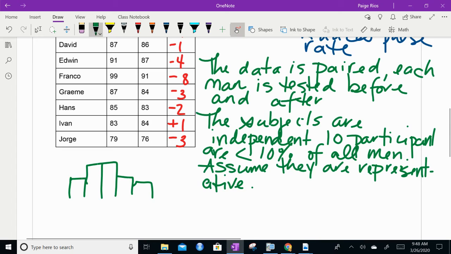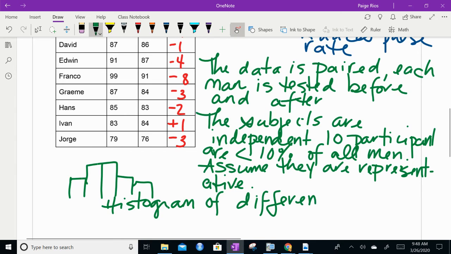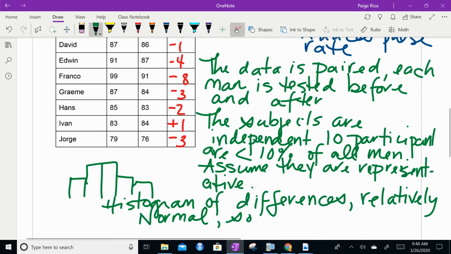So I'm going to say histogram of differences is relatively or approximately normal. Don't say it's normal, say it's approximately or relatively normal. Okay, so this meets normality condition.